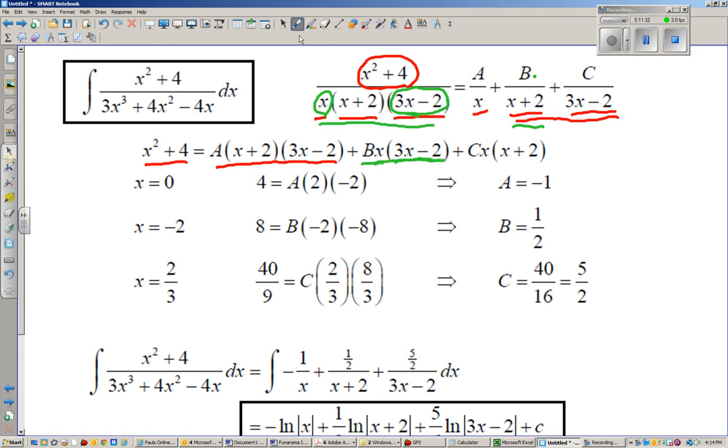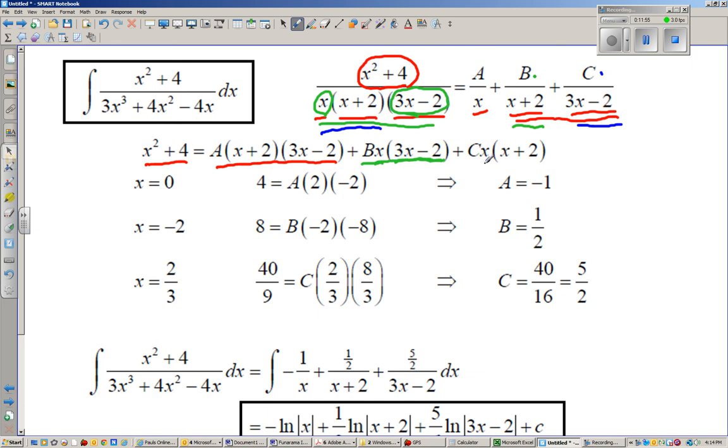And then finally, one last time, how many times does that third denominator, 3x minus 2, go into the common denominator? Well, exactly that many times, x times x plus 2. And then I'd take the x times x plus 2 and I'd multiply it by the c, right?